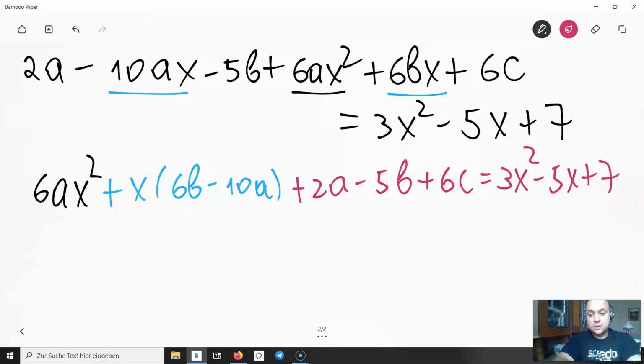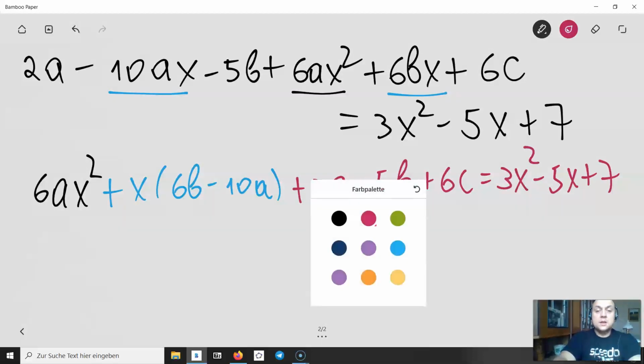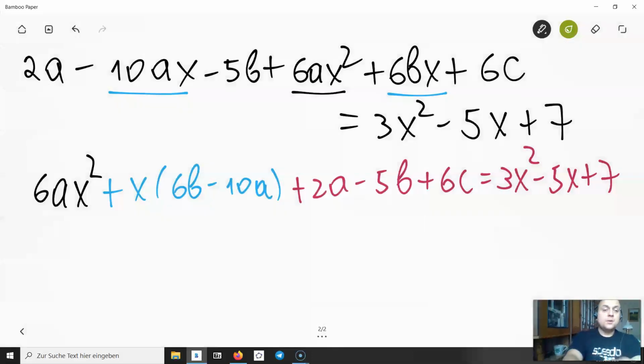And now you see what we're doing. Since those two must be equal, once again, the coefficients in front of x squared on the left-hand side and on the right-hand side must be the same. So 6a is equal to 3, firstly.